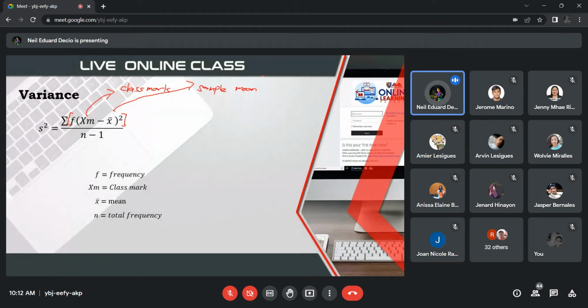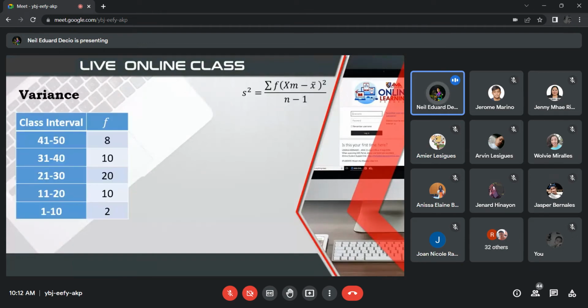So if we are given this grouped frequency data, for us to get the variance, we first need to get X bar, right?